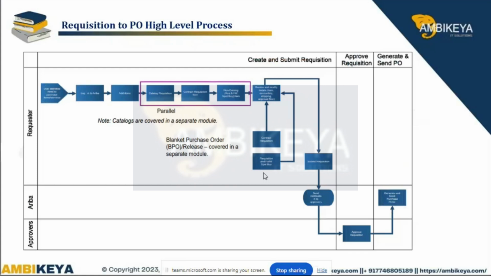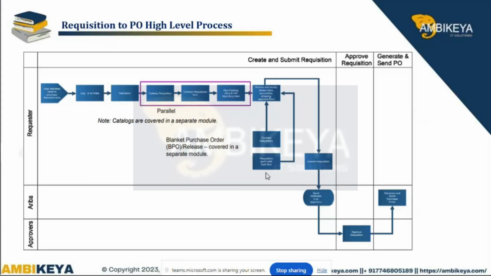You need no manual effort. As soon as you submit the purchase requisition with all the due approvals, it is going to create the purchase order automatically and give you a PO number. Okay, the PR number is different, the PO number is different, but both have a direct connection between them. But you don't need to create the purchase order manually.